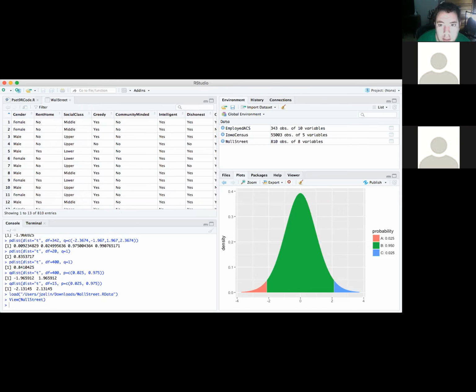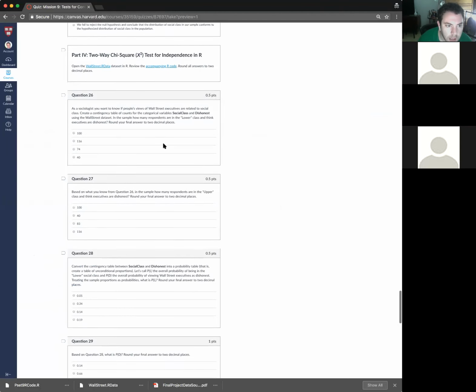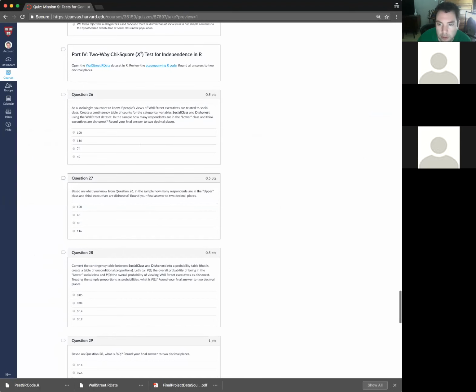And then I'll just go back to the mission. We see here that, remember from the data set, in the social class there were three different categories. They put them in either the lower, the middle, or the upper social class for the respondent.